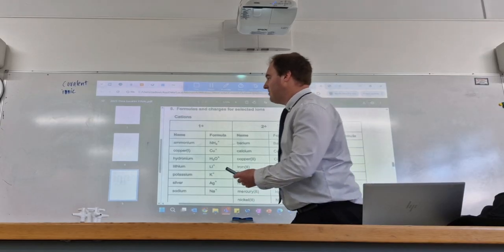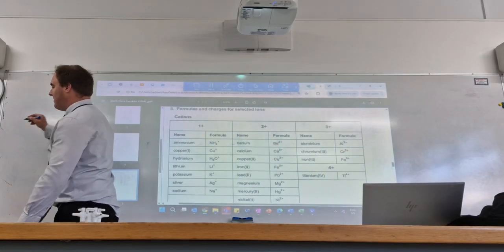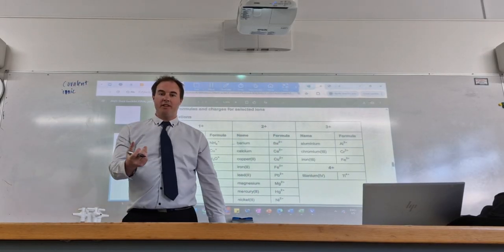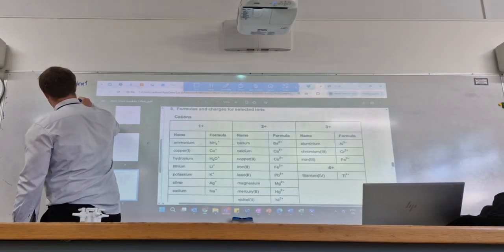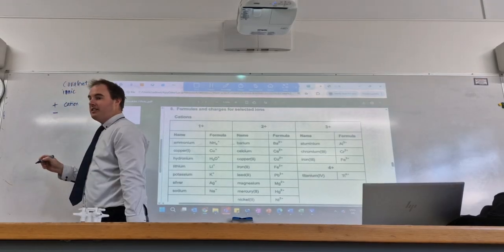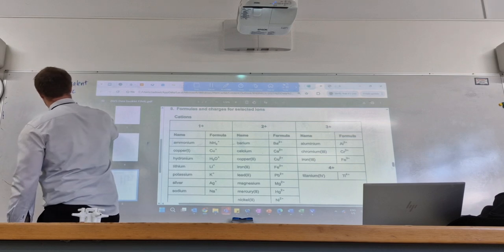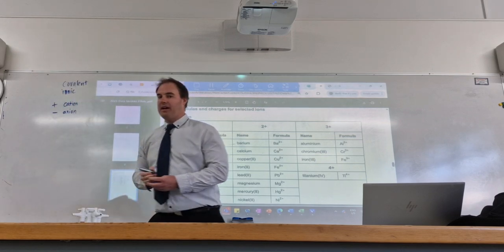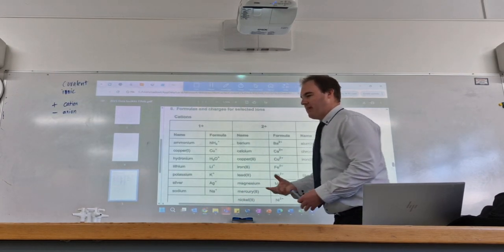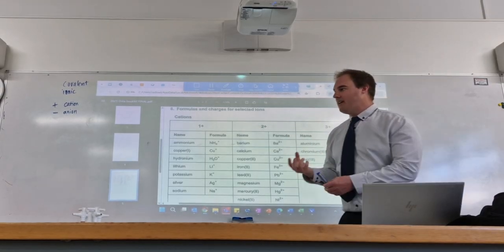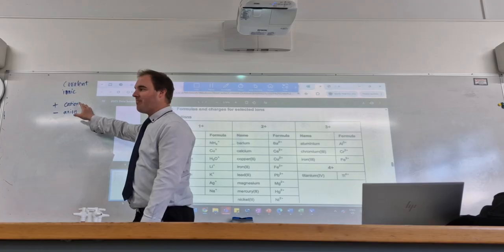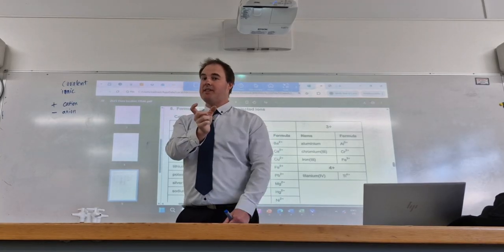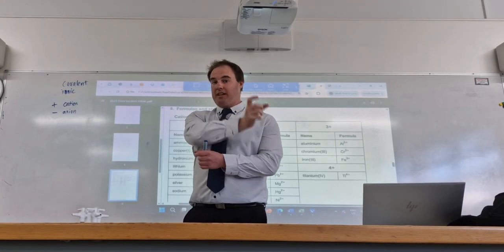So if you recall, when you've got an ion that's positively charged, we call it a cation. When it's negatively charged, we call it an anion. Okay? So when we have something like zinc chloride, zinc is the cation, it's the positive charge. And the cation always comes first in a compound, and the anion comes second.